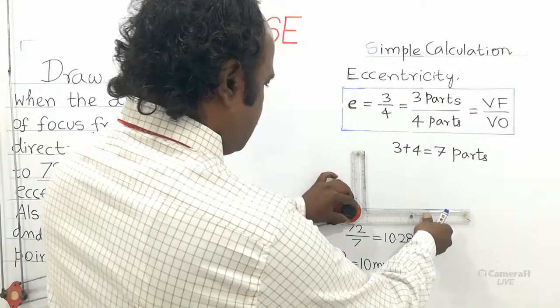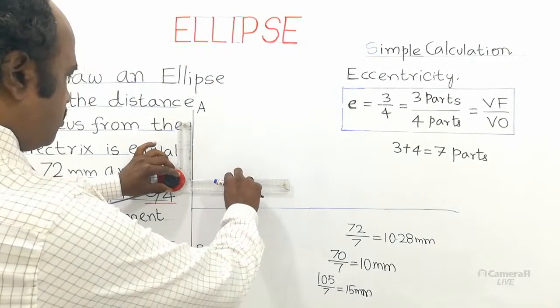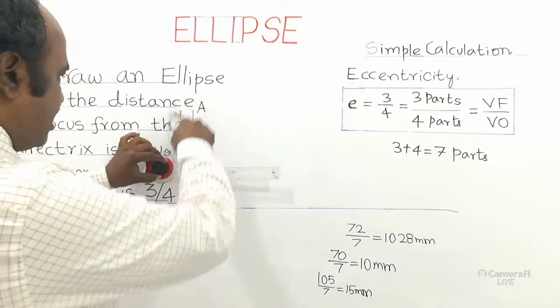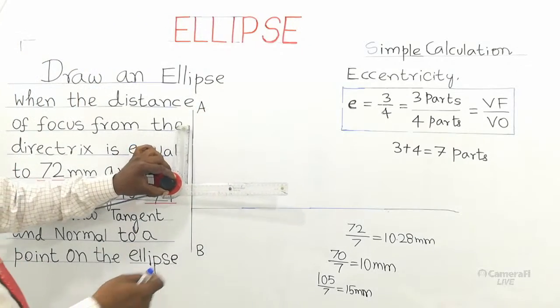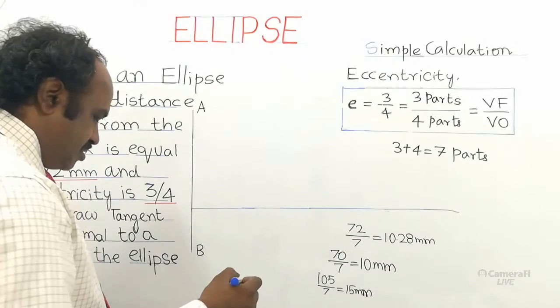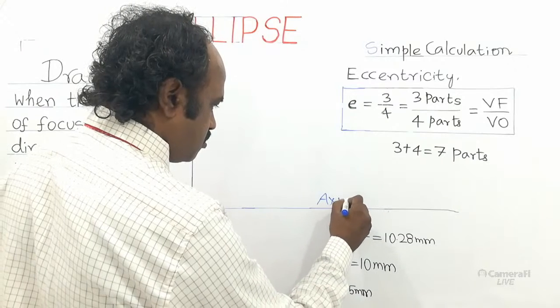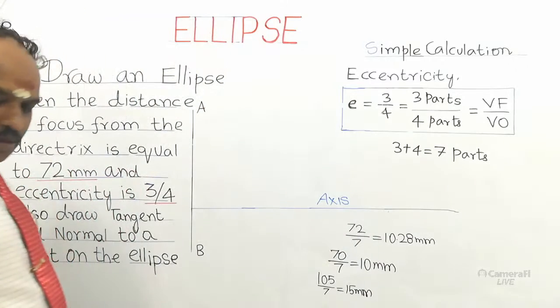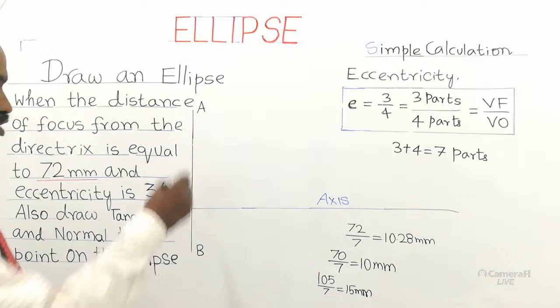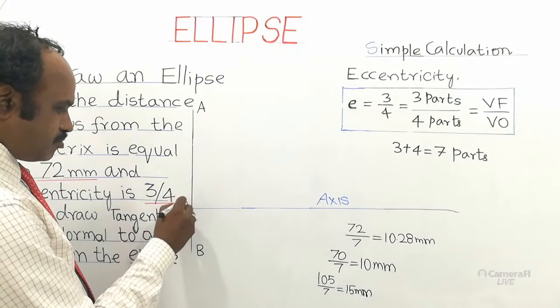Understand? So this vertical line is called directrix, a fixed vertical line, and this horizontal line is the axis of ellipse. The point of intersection of the directrix and the axis of ellipse is marked as O.